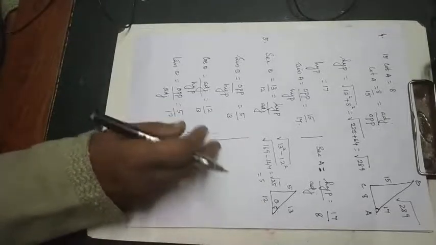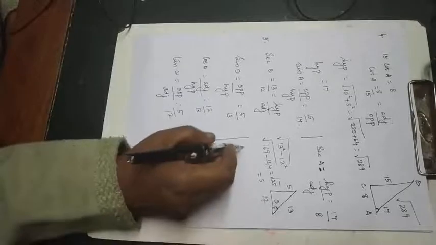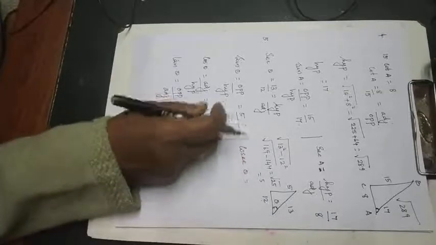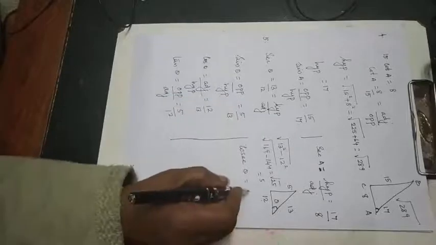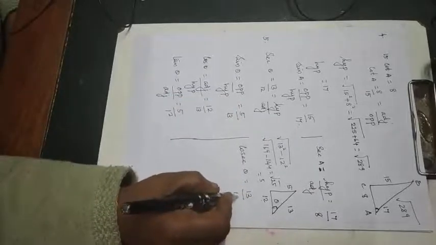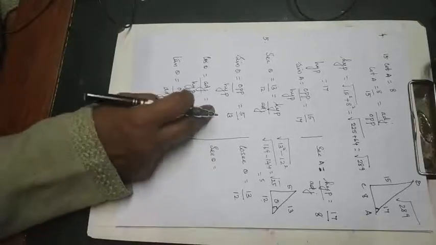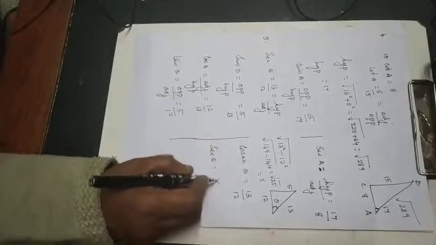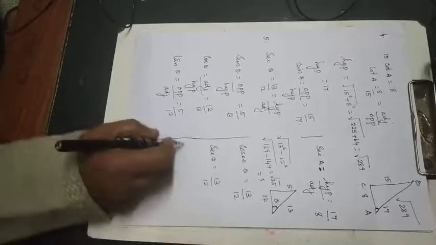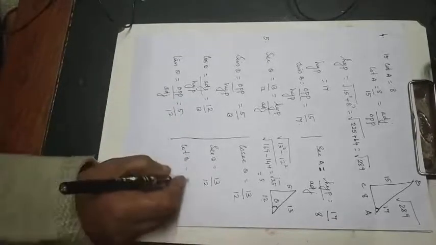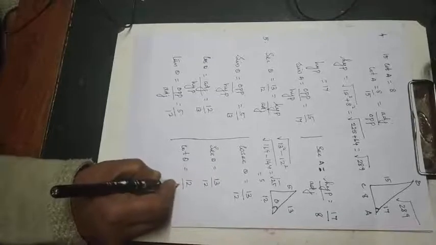Now, no need to calculate the rest. Directly you can write cosec theta will be the reverse of sin theta, that is 13 by 5. Sec theta is already given, that is the reverse of cos theta, 13 by 12. Now cot theta is 1 by tan theta, so it will be 12 by 5.